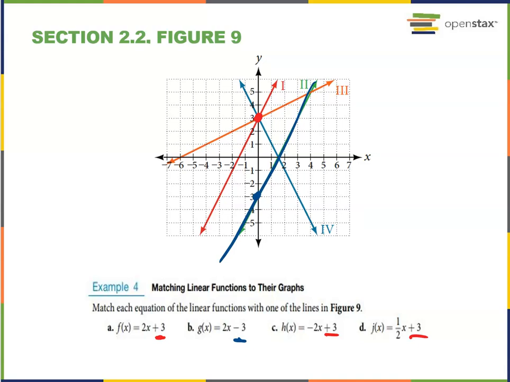Okay, 2x plus 3, so the slope is 2. So from this point you go up 2 to the right 1. So that's why this is the line for letter A. That's number 1. This is number 2, negative 2x plus 3.